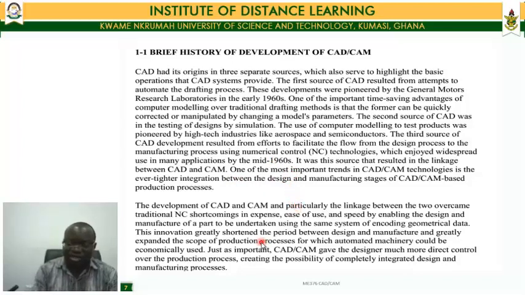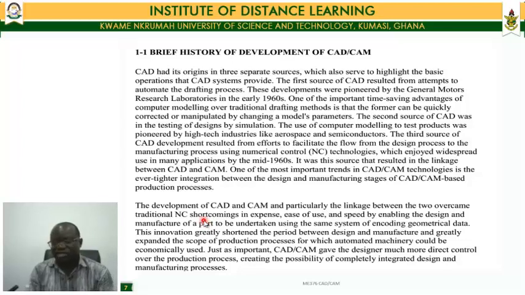Now, this actually was a source that resulted in the linkage between CAD and CAM, which is computer-aided design and computer-aided manufacturing. So you could see that there was a trend in the CAD-CAM technologies.